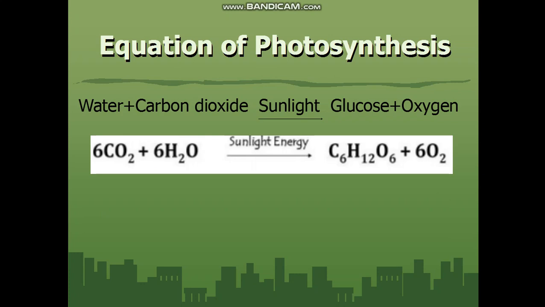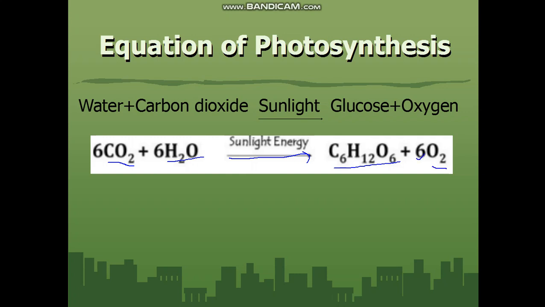So how do we write the equation of photosynthesis? Water plus carbon dioxide in presence of sunlight gives out glucose and oxygen. So 6CO2 plus 6H2O in presence of sunlight energy gives C6H12O6 plus 6O2.